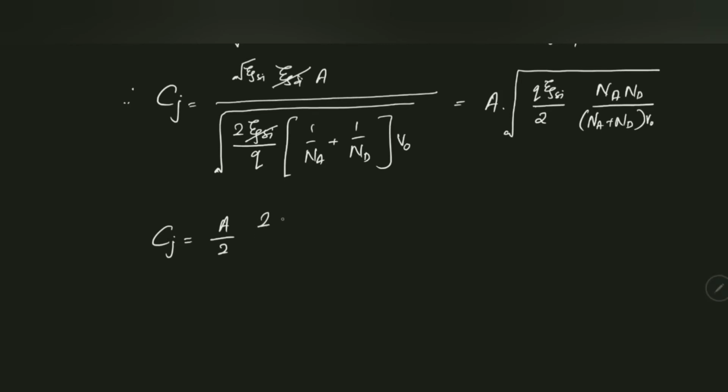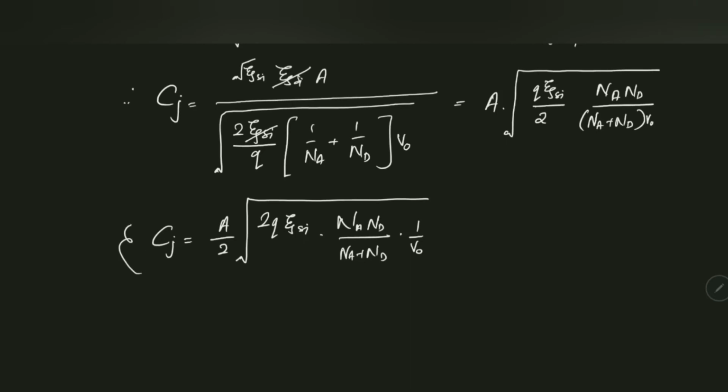So you have the root of 2q epsilon Si into Na Nd divided by (Na plus Nd) into 1 by V naught. This is the actual expression. So we can say the equilibrium capacitance of the PN junction diode can be given by this expression, and based on it the transition capacitance and also the diffusion capacitance can be derived.